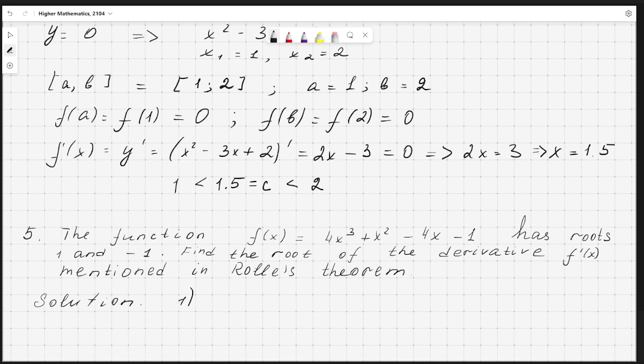The first, f of x is continuous on interval from -1 to 1.